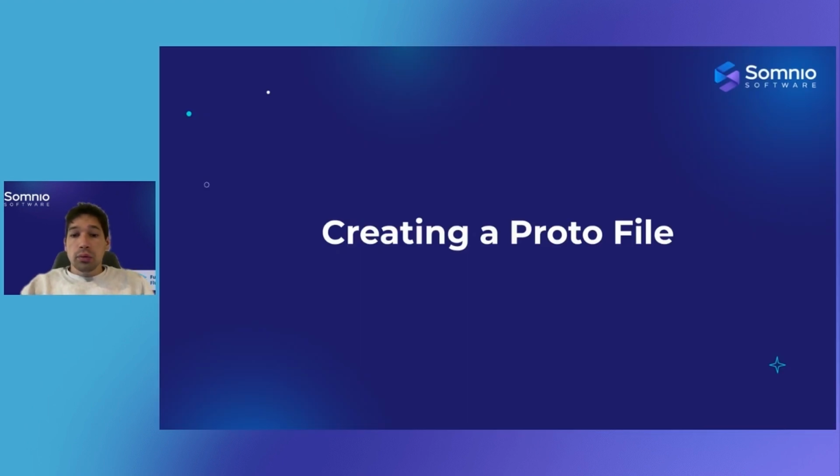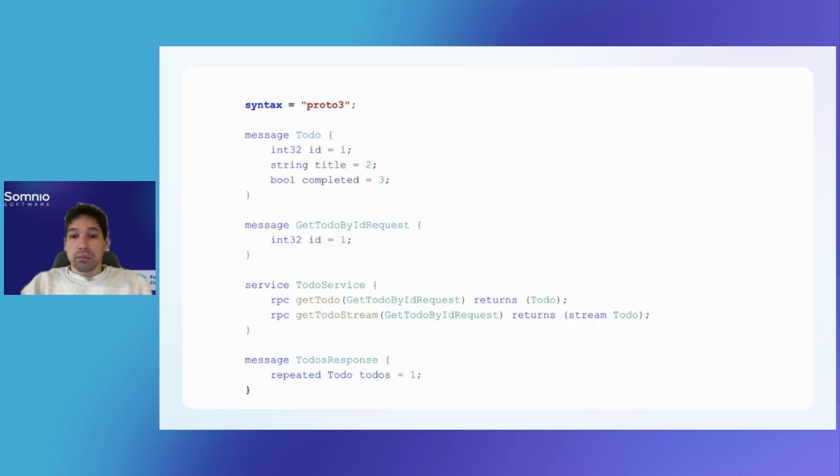Then how can we create this proto file, right? We're going to decompose the proto file a little bit more. First, we need to specify the syntax. Currently we are on the third version, so we define proto3. Then we are going to create a message.